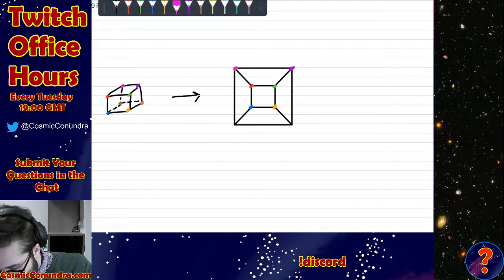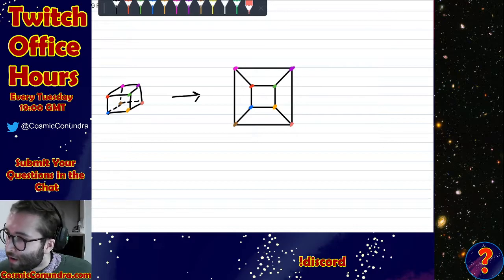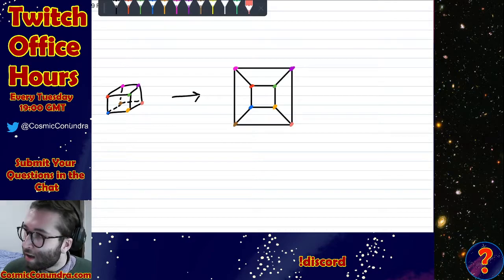So this is how we can draw a 3D cube as a planar or a 2D graph. Okay, this is one way you can draw it. There are other ways. And you can see that there are no crossing over of the arcs except at the nodes. Arcs only split and cross at nodes. Okay.